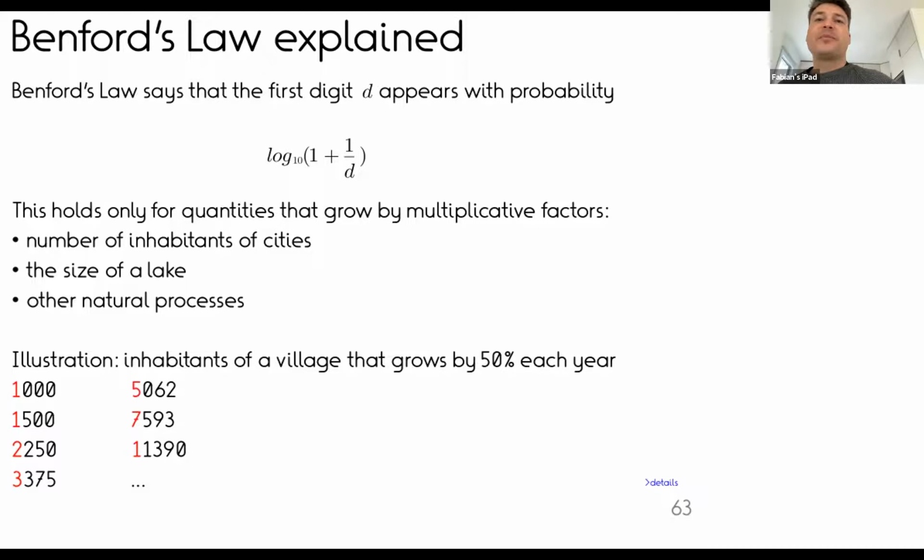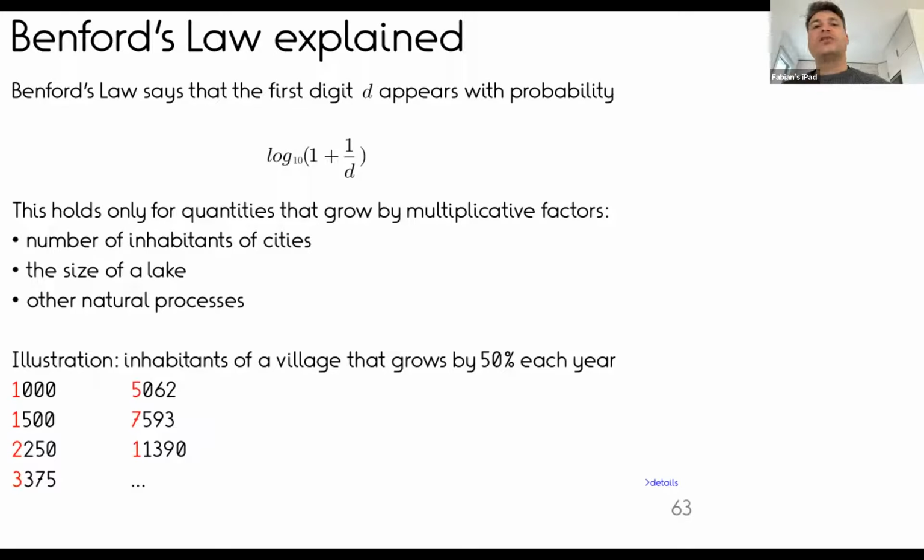Let's see an example. Suppose you have the inhabitants of some village, like say 1,000 people live there. And suppose it's a very productive village, which grows by 50% each year. In the first year, you have 1,000 inhabitants. You add 50%, you arrive at 1,500. You add 50%, you arrive at 2,250. So you see that you passed through the digit 1 twice.